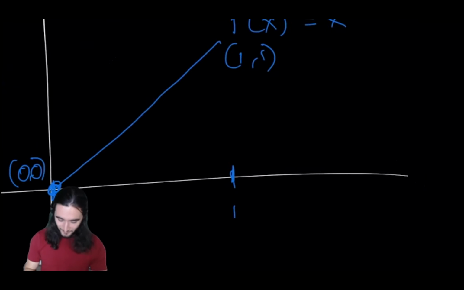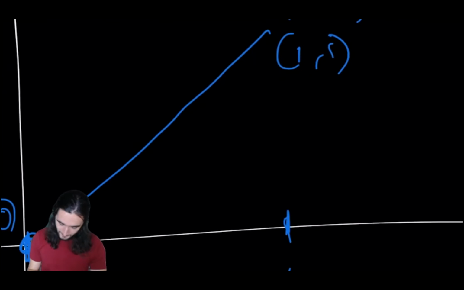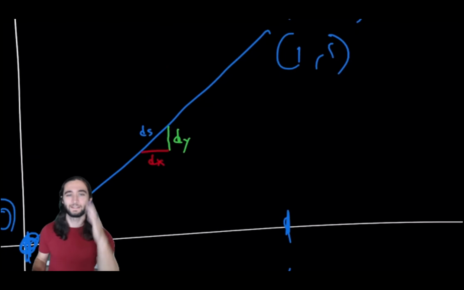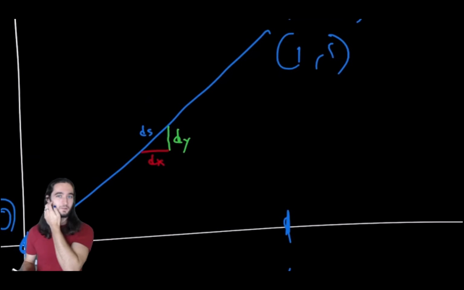Now, what is ds? Well, the idea is, instead of taking a little step in the x direction, or a little step in the y direction, what you're really doing is going in this diagonal direction. And that diagonal is changing the whole time as you go along.